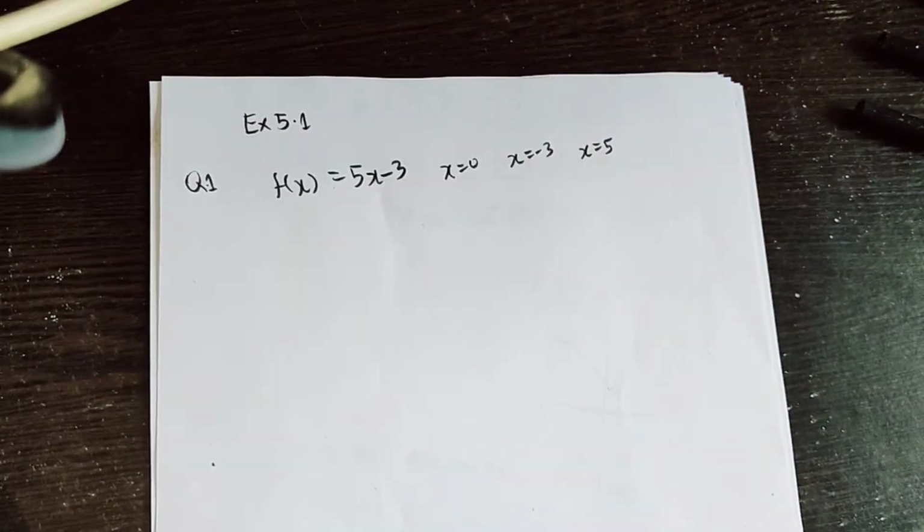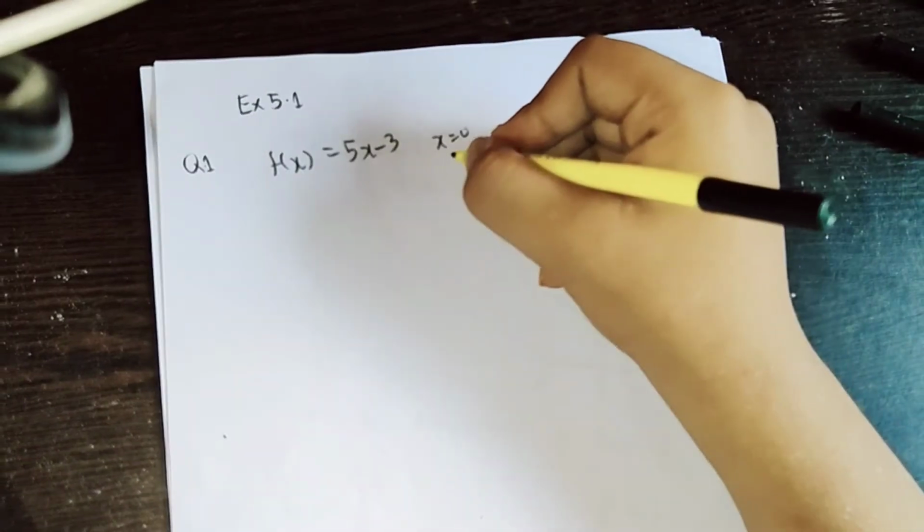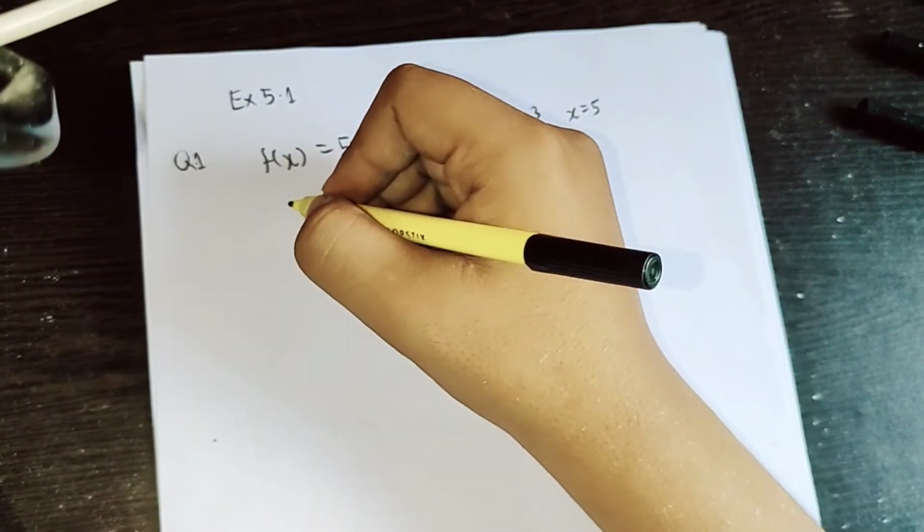So we have to check its continuity at x equals 0, x equals minus 3 and 5, and we will use definition number 1.